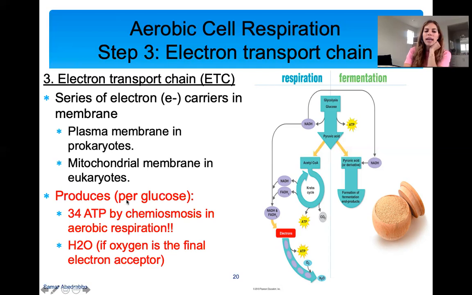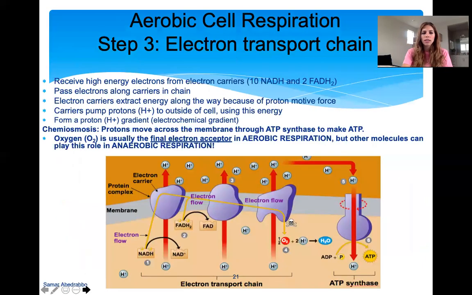The reason why you get 34 ATP in the electron transport chain is these molecules I mentioned before called NADH and FADH2 all go to the membrane, the cell membrane in prokaryotes and the mitochondrial membrane in eukaryotes, and they shuffle their electrons, creating this gradient, which I will talk about. And as the electrons go down their concentration gradient, you get ATP produced.